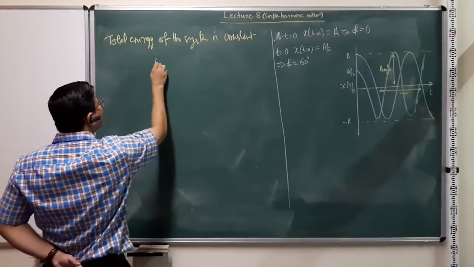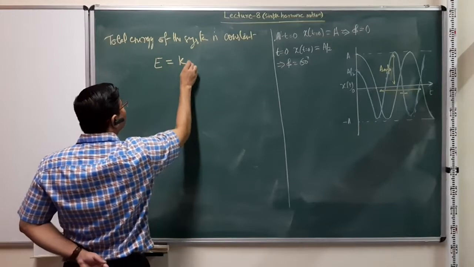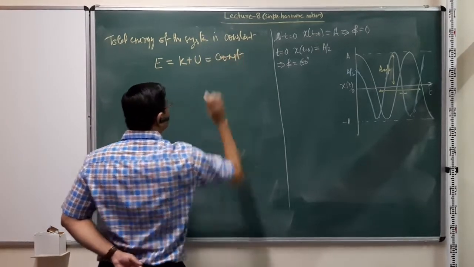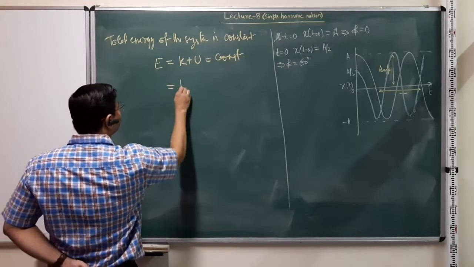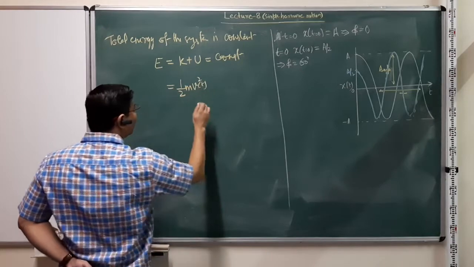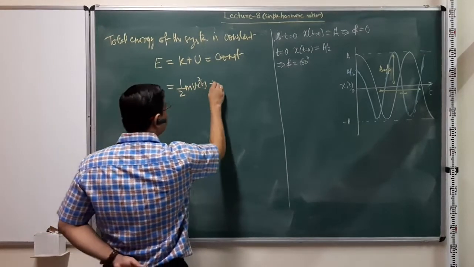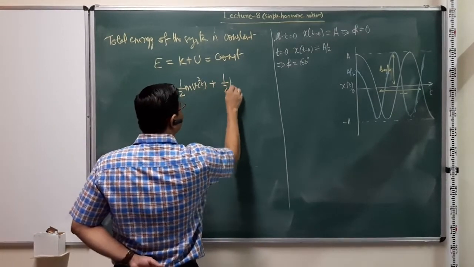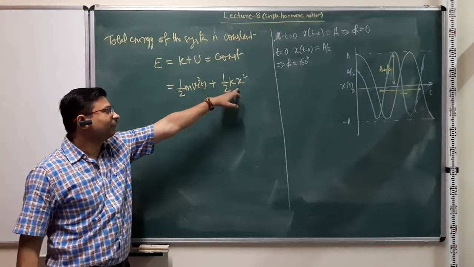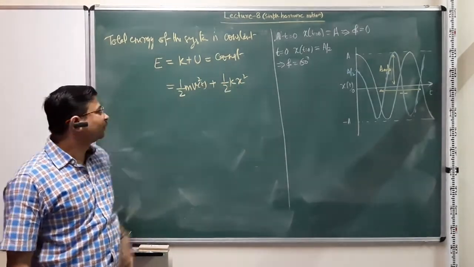And what is the total energy? E is kinetic energy plus potential energy, equal to some constant, right? Now what is the kinetic energy? It's half m v square, with instantaneous velocity at any given instant, plus half k x square, right? We just found that for a central force of the kind minus kx, this is the potential energy, right?